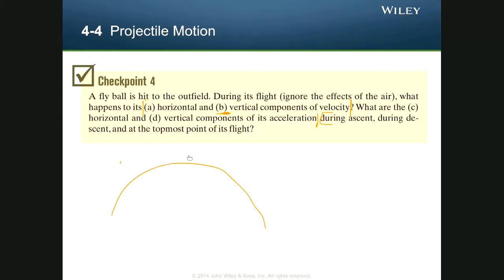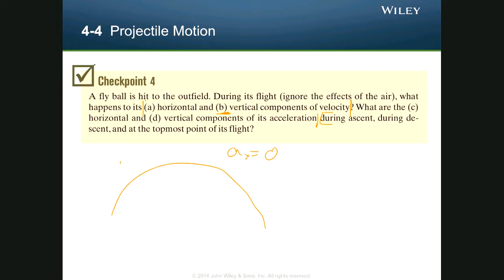So with part A, you'll notice the horizontal velocity, since AX is 0 because it's projectile motion, right? This should remain unchanged throughout the entire process. And if you remember our previous breakdown of vertical and horizontal components, it showed that quite clearly.